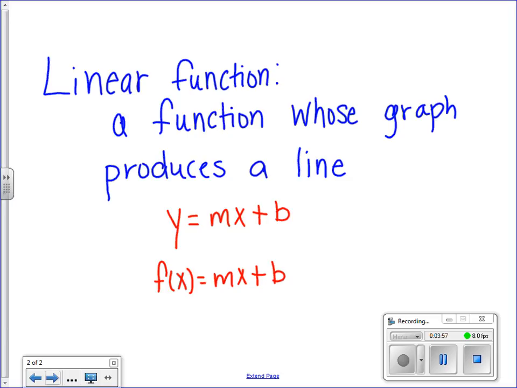What makes it produce that line? X is only to a power of 1, right here.